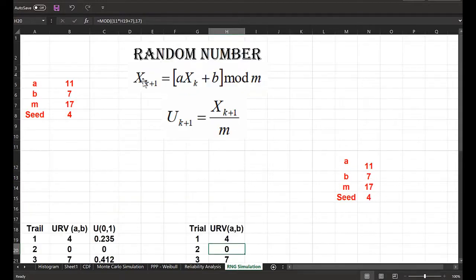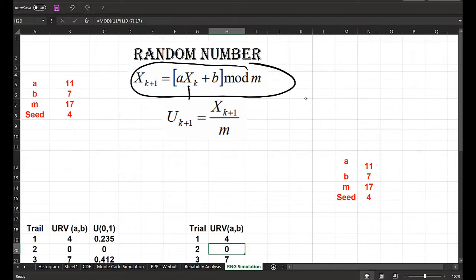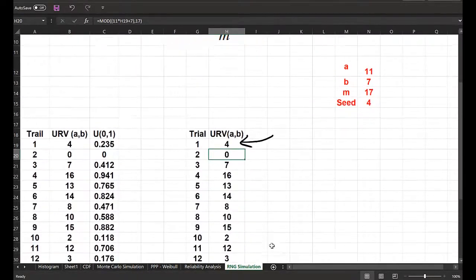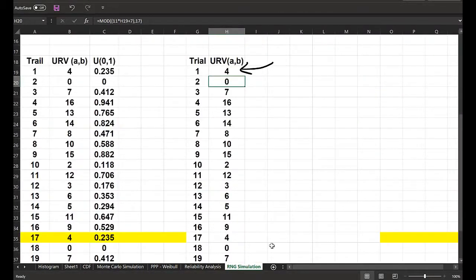We are basically using this step, which gives me the random numbers xk plus 1. xk was 4, so the first iteration value is 4 here, and the next iteration value will be a times xk plus b, divided by m, that is 17. That will give me the next iteration value. So these are the random numbers we have here.